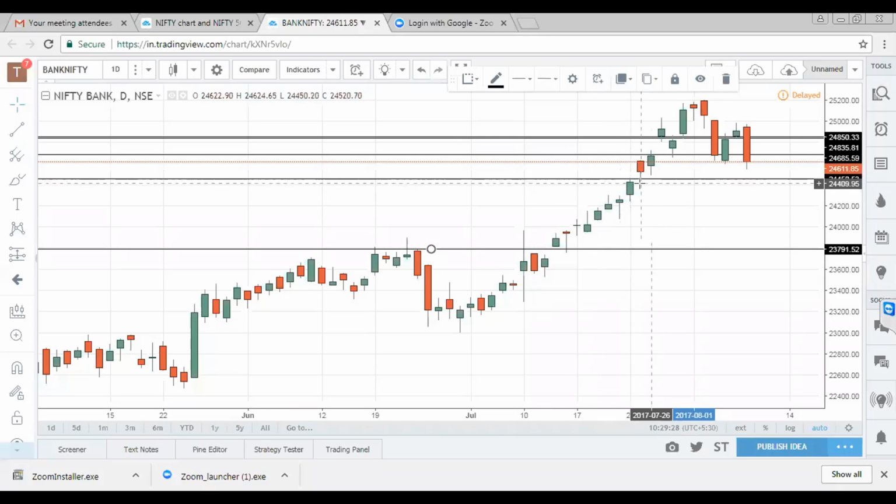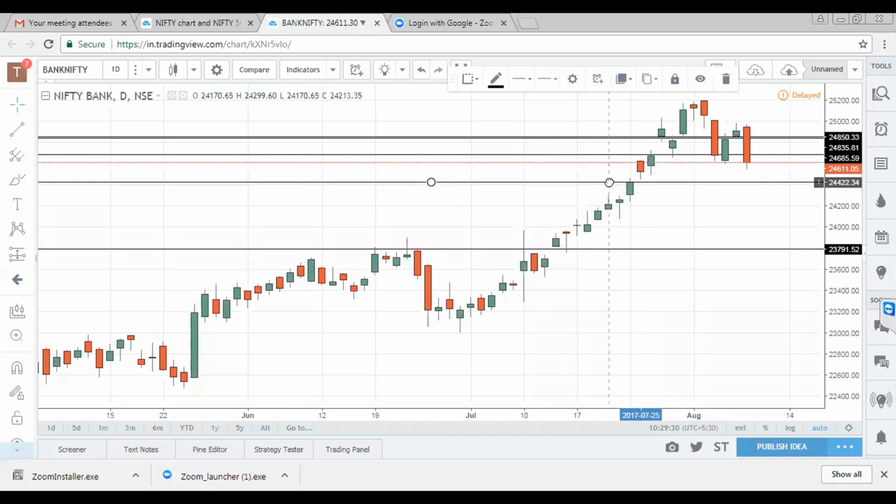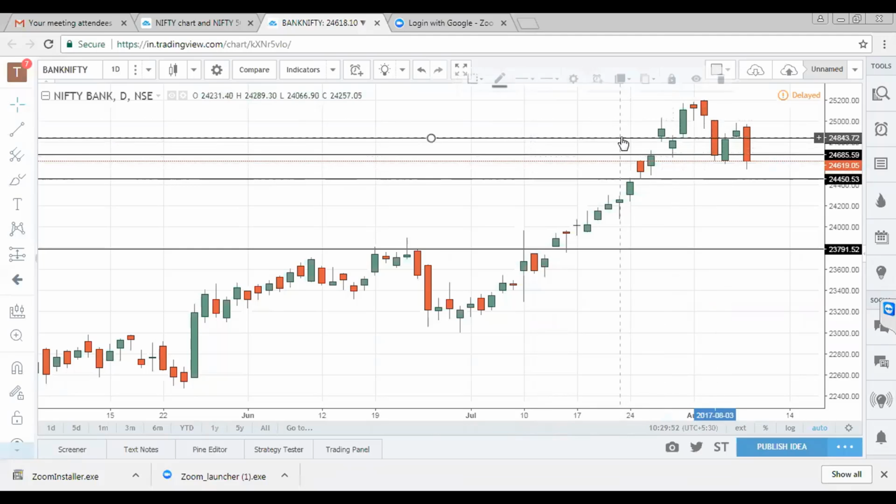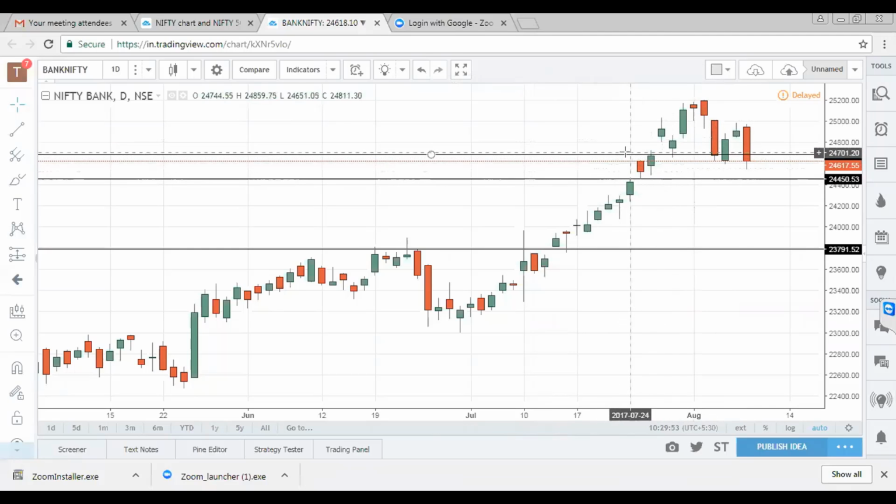Fine. Now let's go inside. If you see over here, there is a gap up which has happened around this zone. All these green candles had formed, and a gap up happened over here and over here. So there are two places. Now this gap up does not have any significance because a red Marubozu is being formed. So we can just delete these gap up lines.